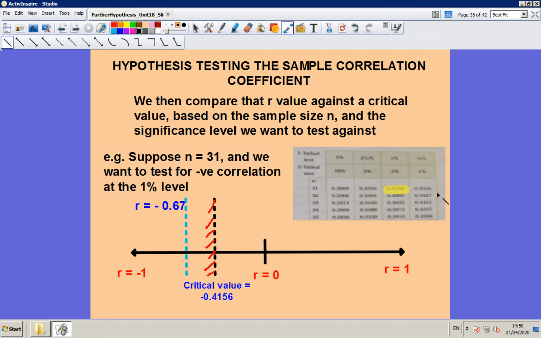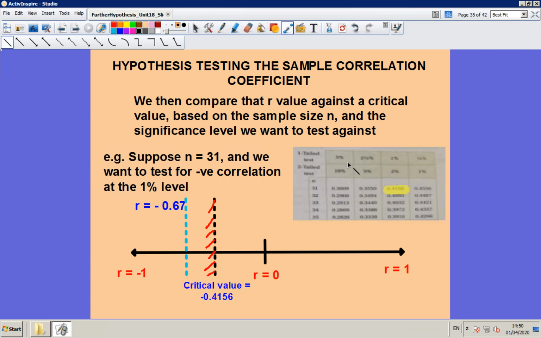an R value of 0.4554. Okay, so as the sample grows in size, so as the sample gets bigger, and as the significance level reduces in size, so you're looking for a greater degree of confidence. As the sample increases in size, then you need a lower value of R to show that there's some evidence of correlation.